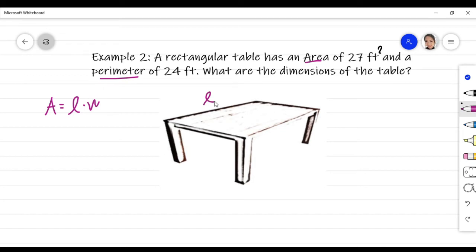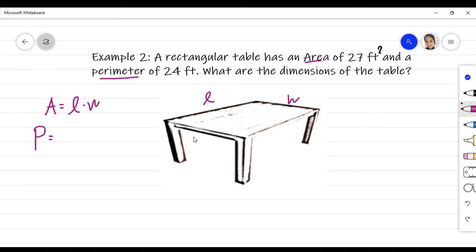So this is our length and this is our width. So that's our area. Well, the perimeter is actually the sum of all the sides of our table. Meaning, we know that the opposite sides of our rectangular table are congruent.